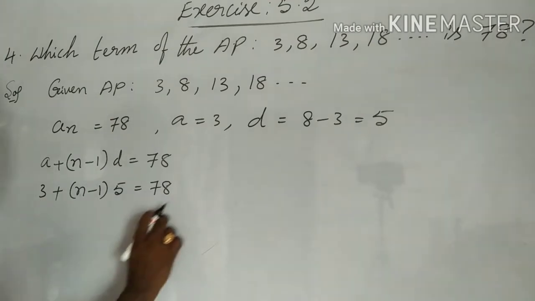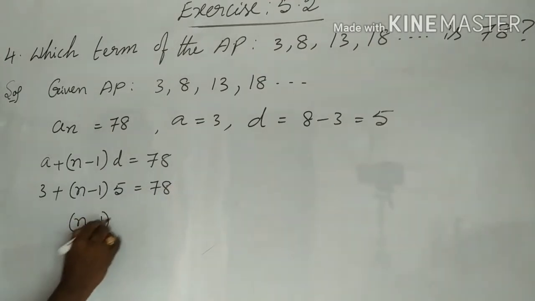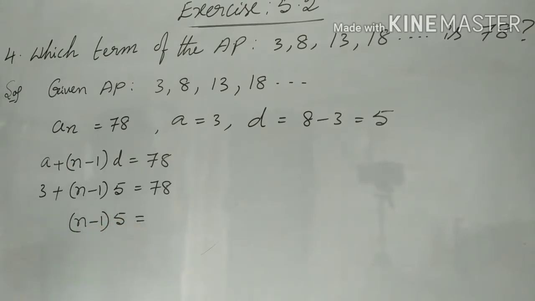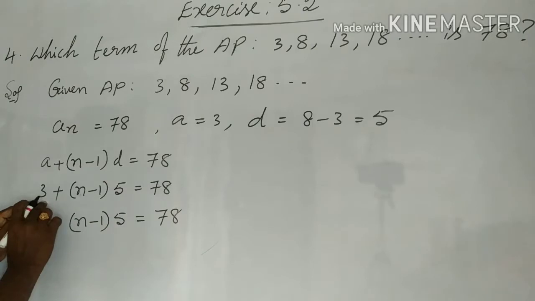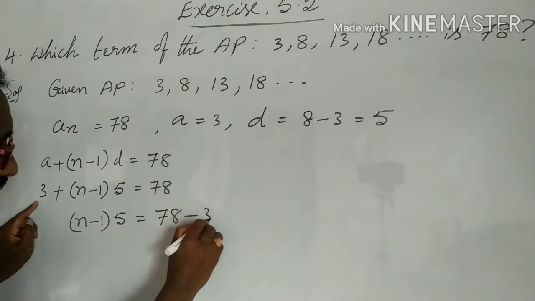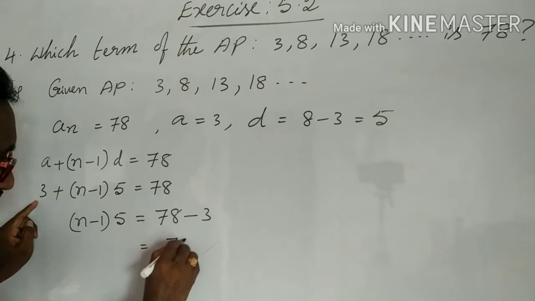This 3 transposes to the right side, so n minus 1 into 5 is equal to 78 minus 3. Now 78 minus 3 is how much?